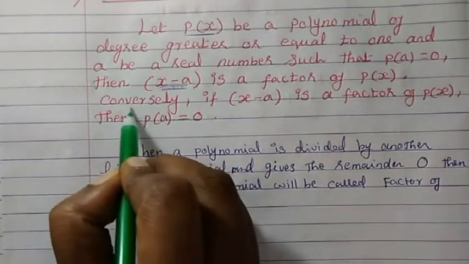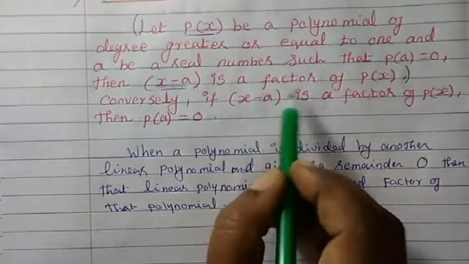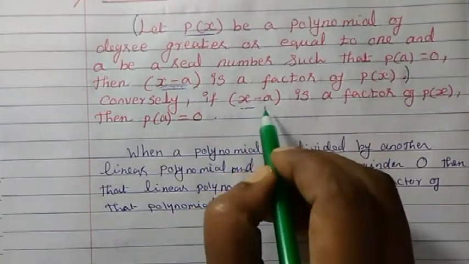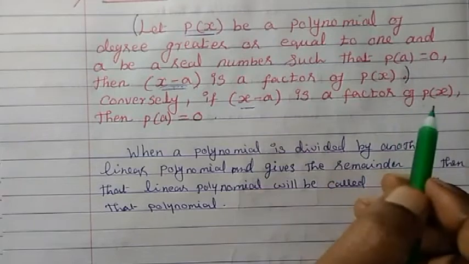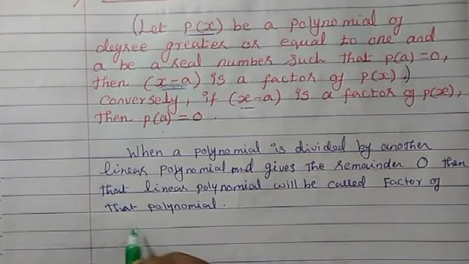So same way, now conversely, so this is one concept. Now the just opposite of it. So if x minus a is a factor of that polynomial, then surely the remainder will be 0. So that's what we are trying to tell.